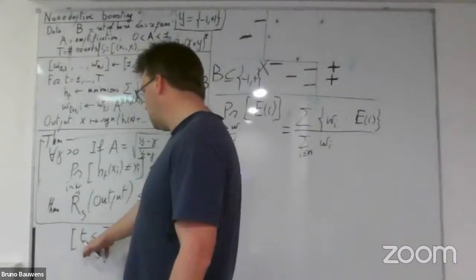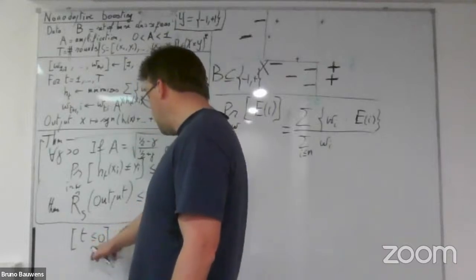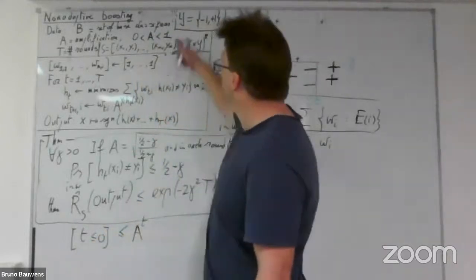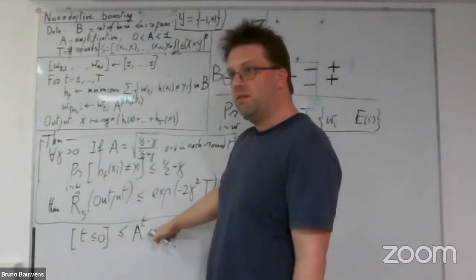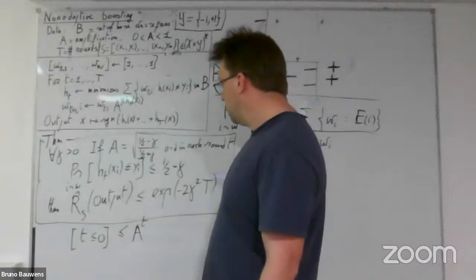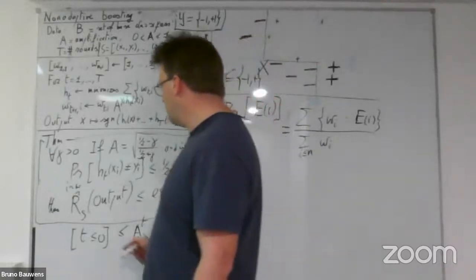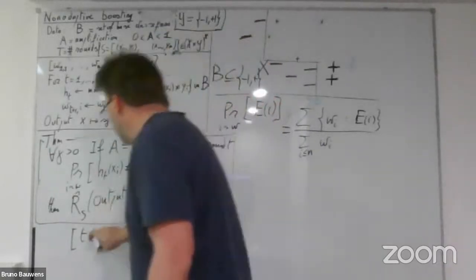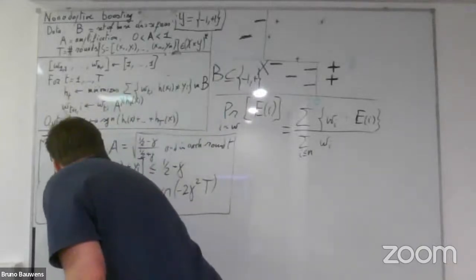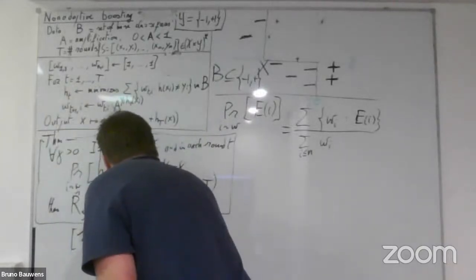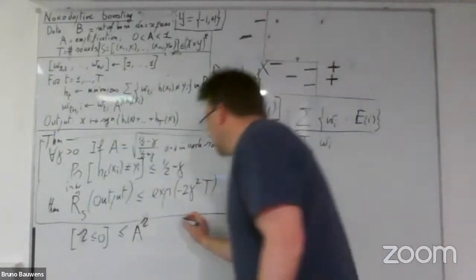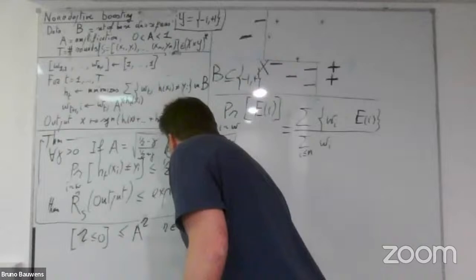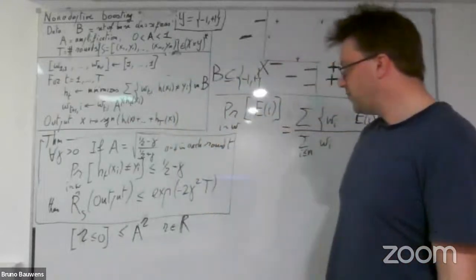And if t is at most zero, the indicator is one, but since a is smaller than one, a to the power t will be at least one. Here t is just any real number.